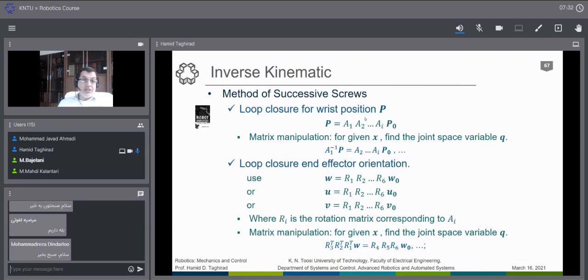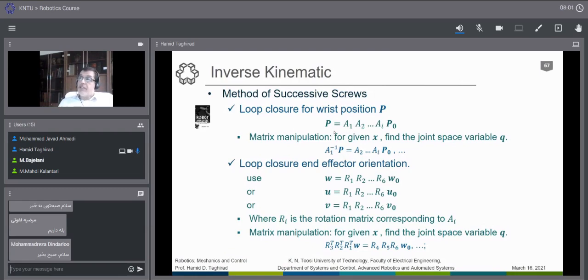This P1 is the general form of the end effector position and orientation, which is given in the inverse kinematic problem. And the Ais depend on the joint variables, so there are some unknown variables in each of them. The joint variables could be either theta i's or d i's, depending on the revolute or prismatic joint that we have.